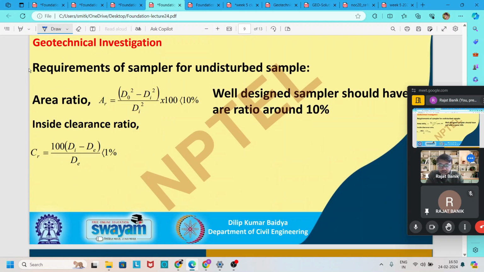Then there are requirements of a sampler for an undisturbed sample. The quality of an undisturbed sample depends on different factors. One is called the area ratio, another is called the inside clearance ratio. Here the formula to find the area ratio is given, where Do is the outer diameter of the sampler and Di is the inner diameter of the sampler.